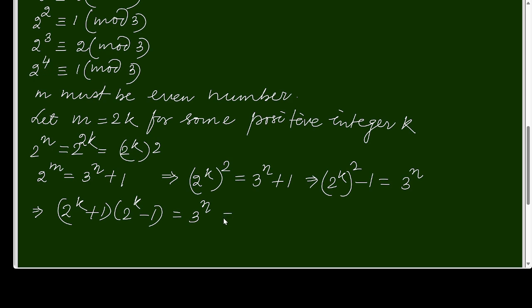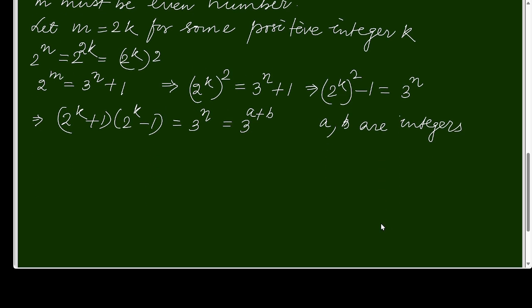3 to the power n I may write as 3 to the power a plus b, taking a and b as integers, where a plus b is n, and let a is less than b.